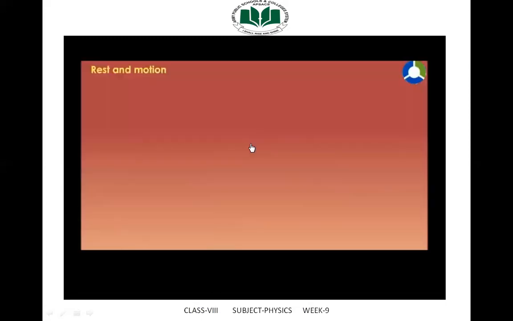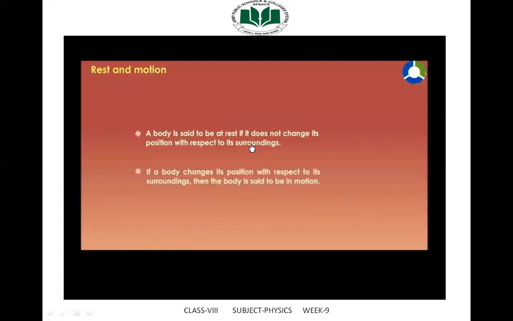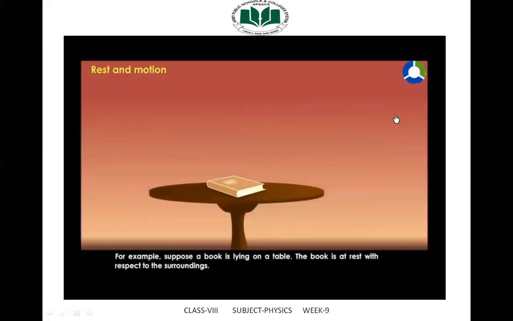Rest and motion. A body is said to be at rest if it does not change its position with respect to its surroundings. If a body changes its position with respect to its surroundings, then the body is said to be in motion. For example, suppose a book is lying on a table.